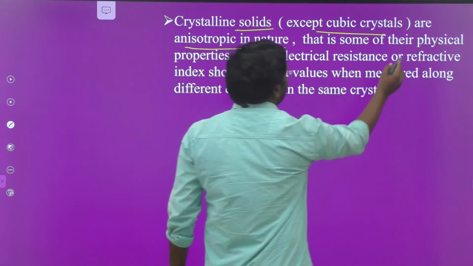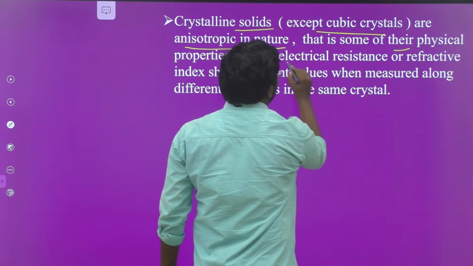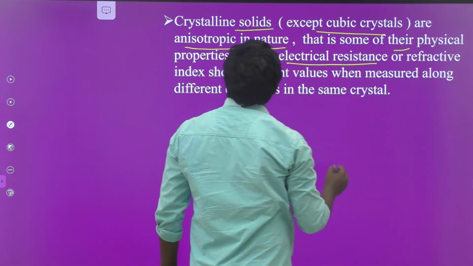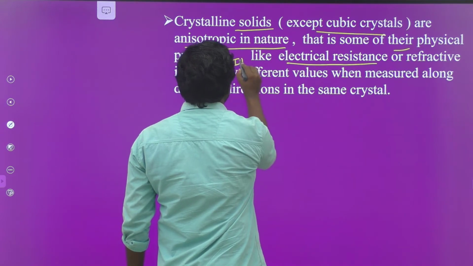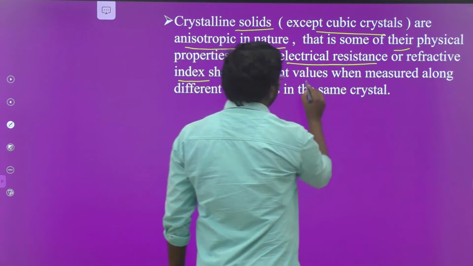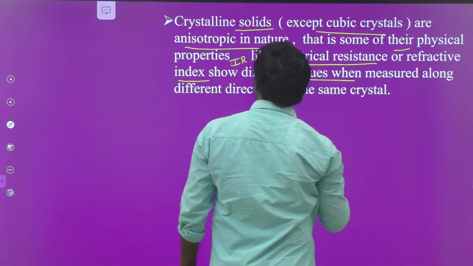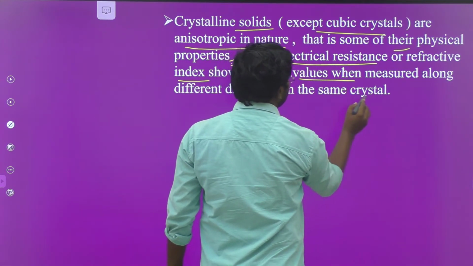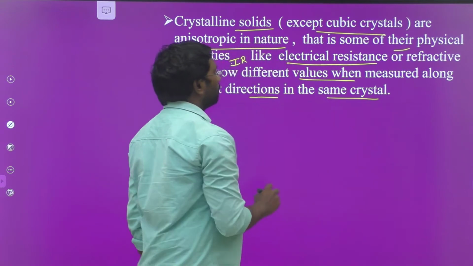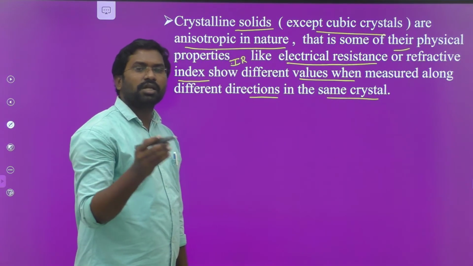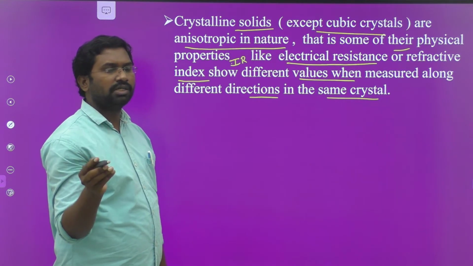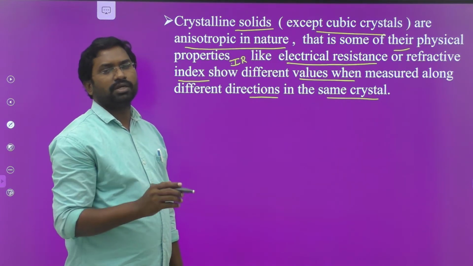That is, some of their physical properties, like electrical resistance or refractive index, show different values when measured along different directions in the same crystal. So that gives the meaning of anisotropic in nature. Crystalline solids have long range order and are anisotropic in nature.